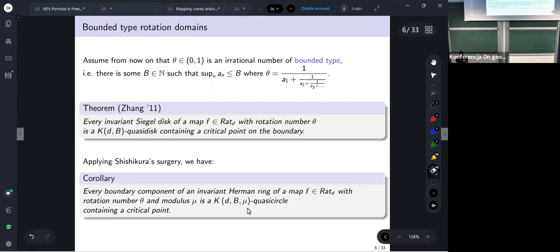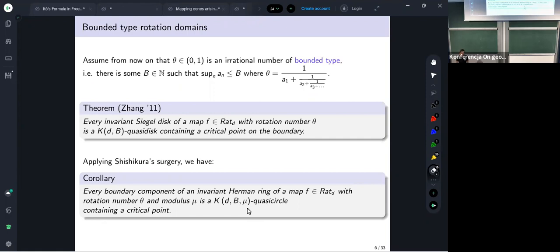The dilatation still depends on the bound B of the rotation number and the degree D, but there's an extra factor that comes into play, which is the modulus of the Herman ring. The reason is that in the surgery procedure, there is a quasi-conformal interpolation involved, and the dilatation of this interpolation map will depend on the modulus in general.